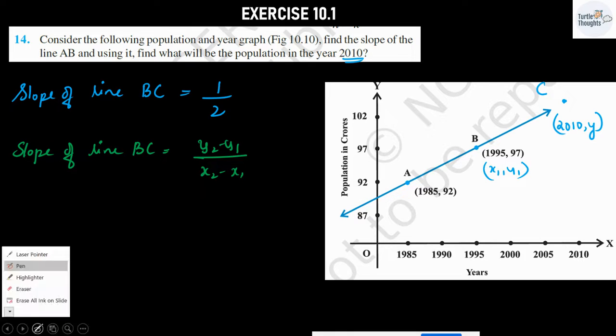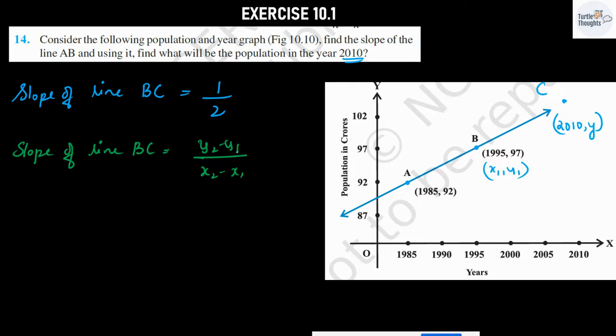So the slope of the line BC I will be getting as y2 minus y1. Y2 is y only, and y1 is 97, so y minus 97 divided by 2010 minus 1995. This will be the slope of the line BC, but this should be equal to what? Should this be equal to 1 over 2?